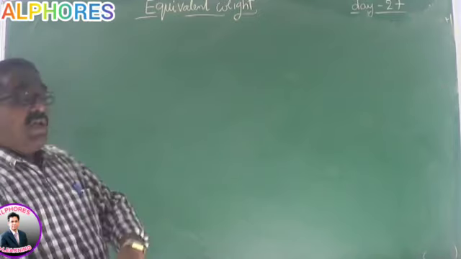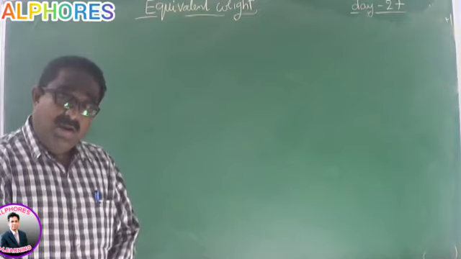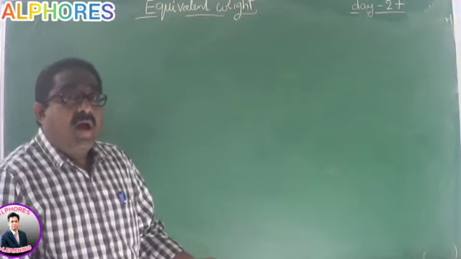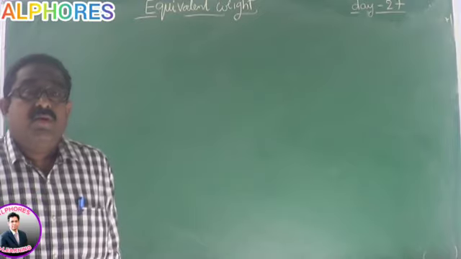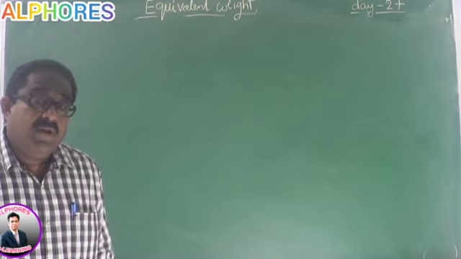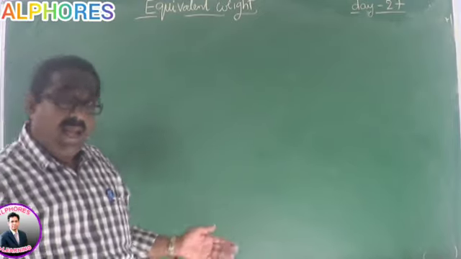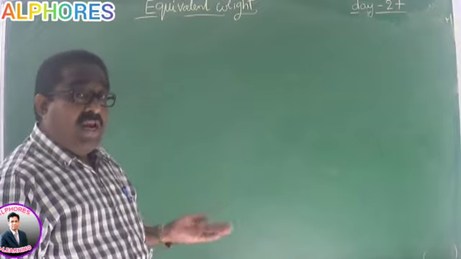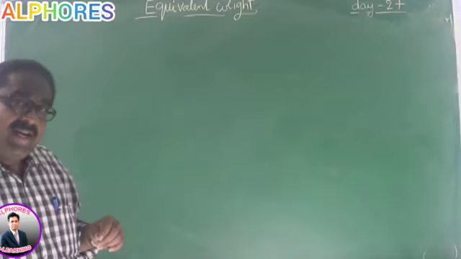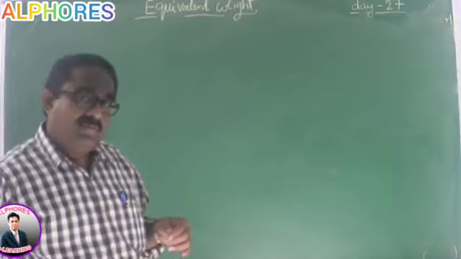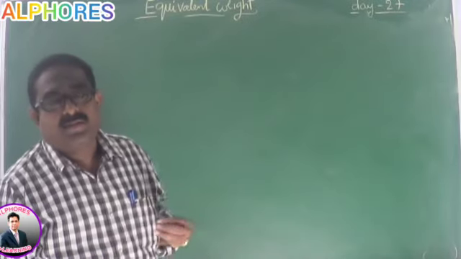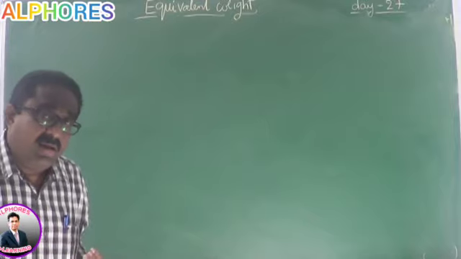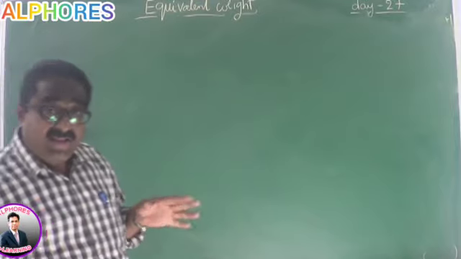But coming to the equivalent weight of an element, it may or may not be constant for an element. Of course, for some elements it may be constant, like atomic weight. But for many elements it is variable. It is not constant. It depends on the context, in which way that element is involved in the reaction.